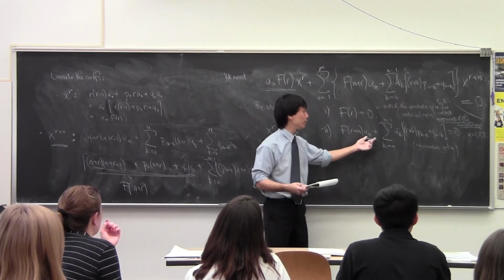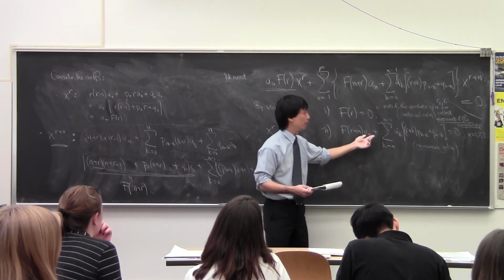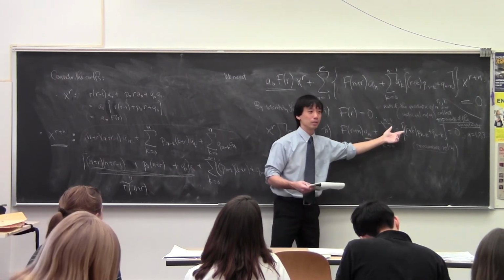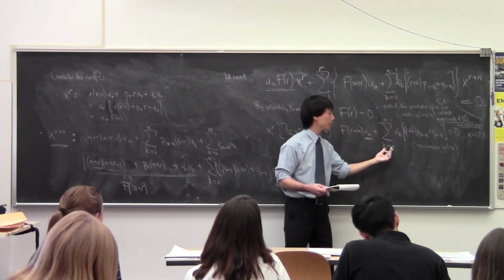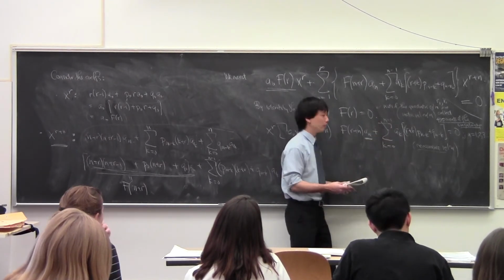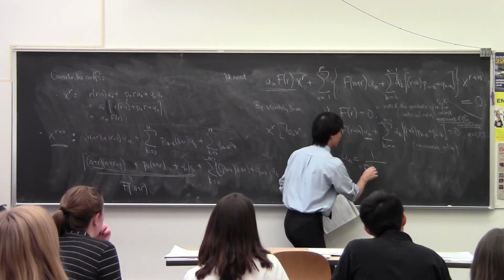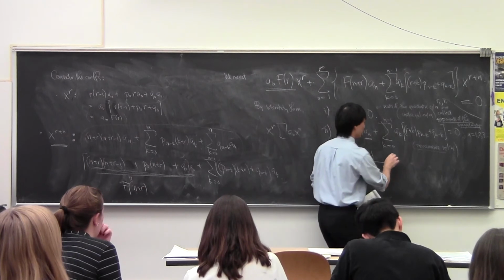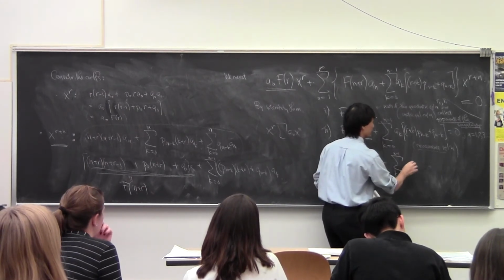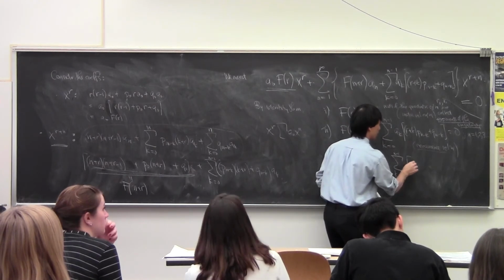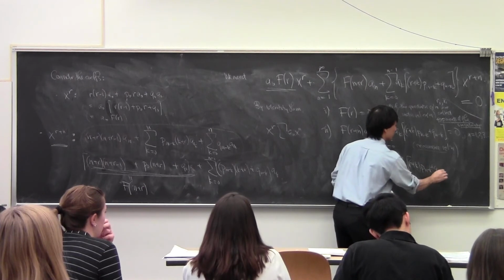It's called a recurrence relation because, as you see, it says that a sub n can be expressed in terms of the previous ones. Here we've got the a sub k from 0 to n minus 1. So in particular, we see that a sub n is 1 over f of r plus n times this thing, with q sub n minus k.